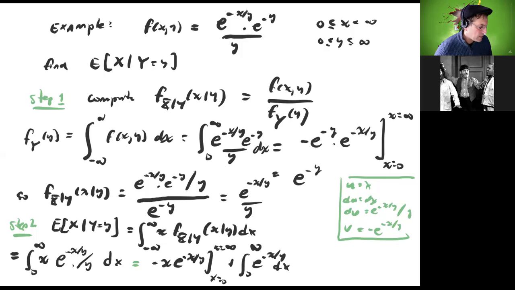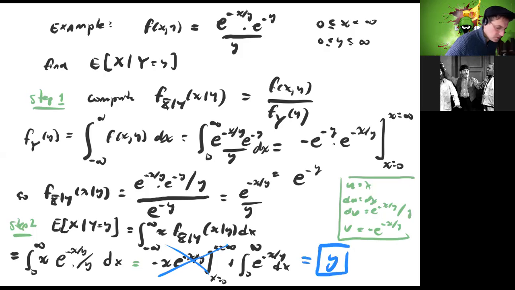What ends up happening is that the first term just goes away. The second term integrates out to y. That's an easy calculation, which I won't do. So we've just computed the conditional expectation. Notice that this is not a number. It depends upon y, so it's a random variable. So we've just computed a random variable.